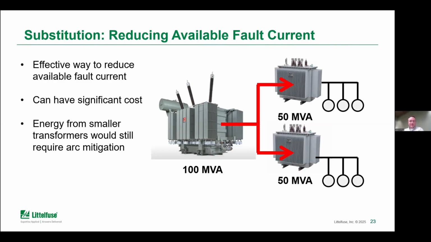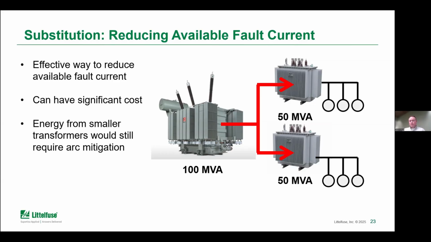And of course, it's very effective because once you've made that change, that's the way the system is. It does have a cost factor. So depending on many parameters, that could have a cost adder.